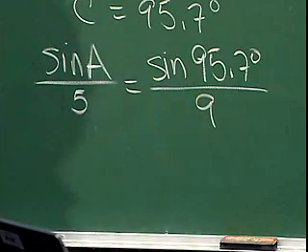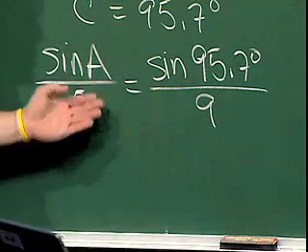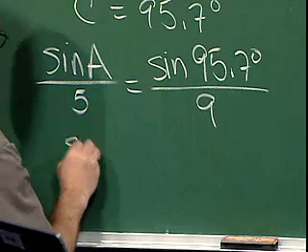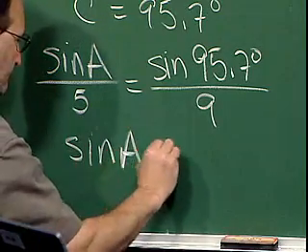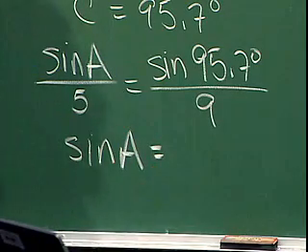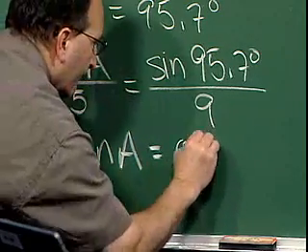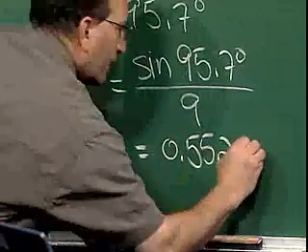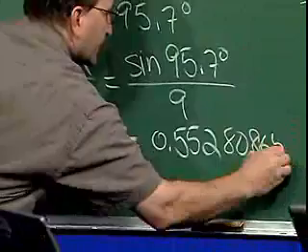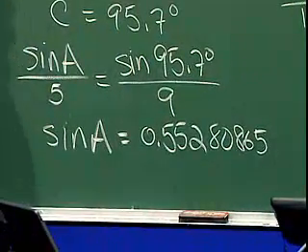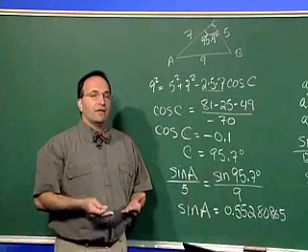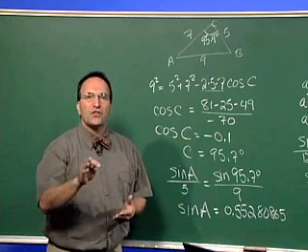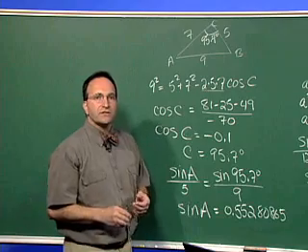by 9. When I work all of that out, I would find that the sine of angle A is going to be equal to 0.55280865. And when I do inverse sine on the calculator, I would find that angle A is 33.6 degrees.